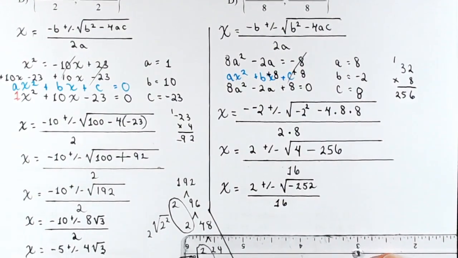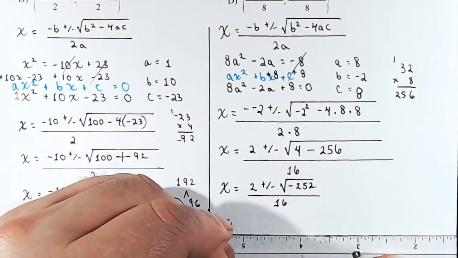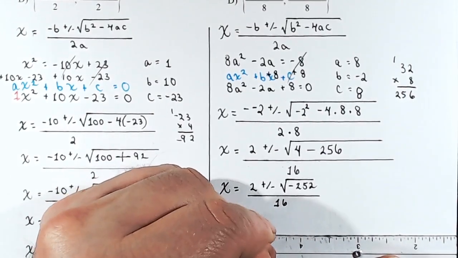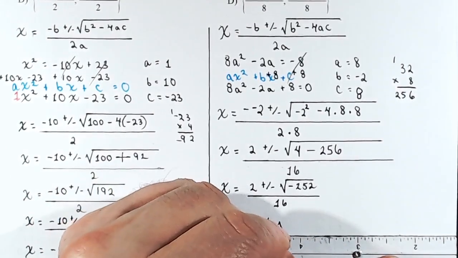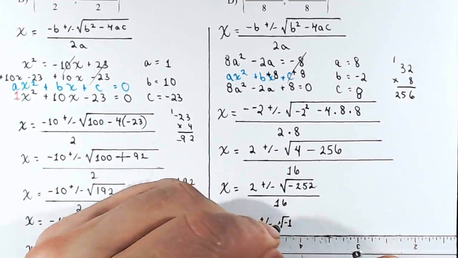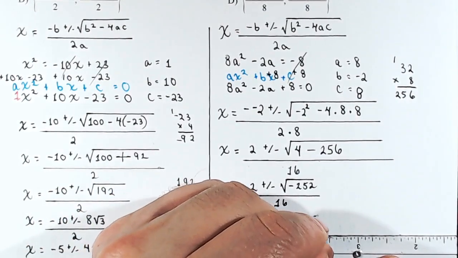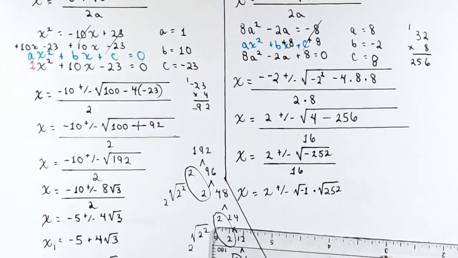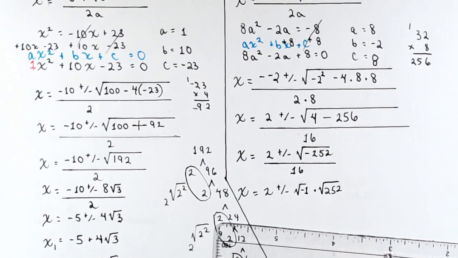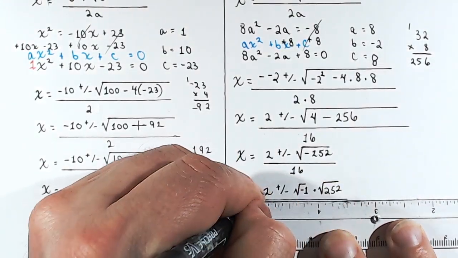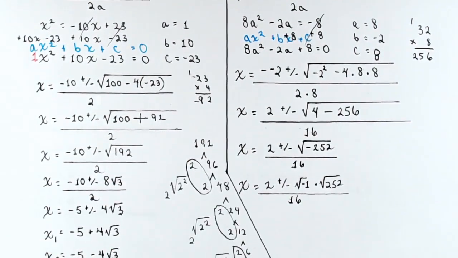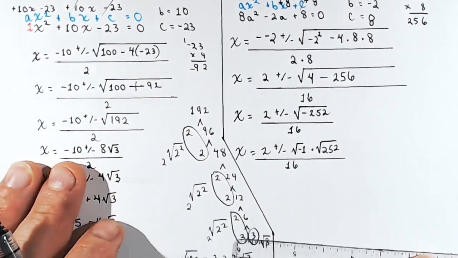What we need to do is rewrite this one more time. X is equal to 2 plus or minus the square root of -1 times the square root of positive 252. Okay? Remember in that other problem I pulled that square root of -1 out? All over 16. And I'm running out of space here, so I'll just kind of write it down.